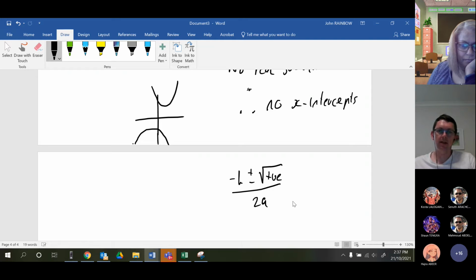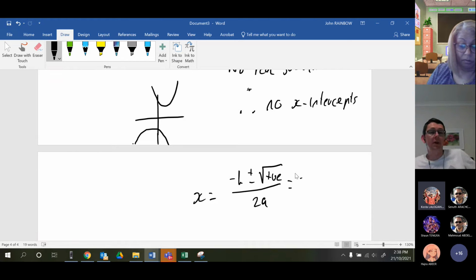Would you get a solution for that? Yes, if it's a positive number under the square root. And how many solutions would I get? 2 or more? 2. Why 2? Because that's what we got on the last one when it was positive.